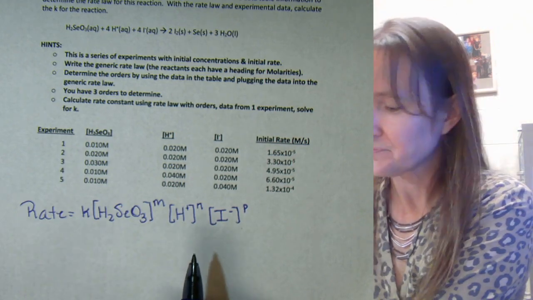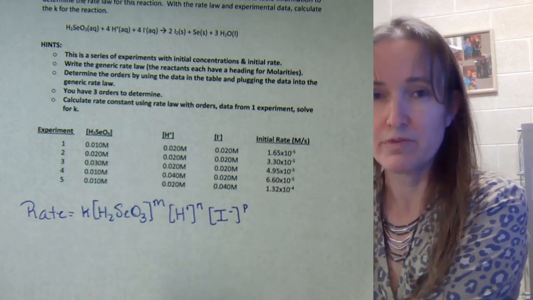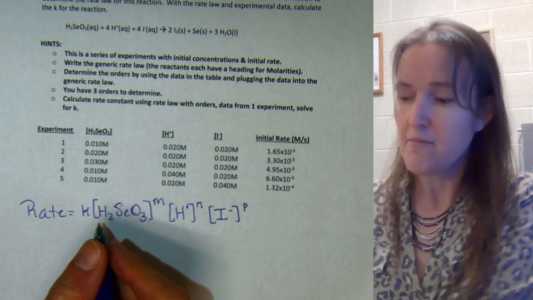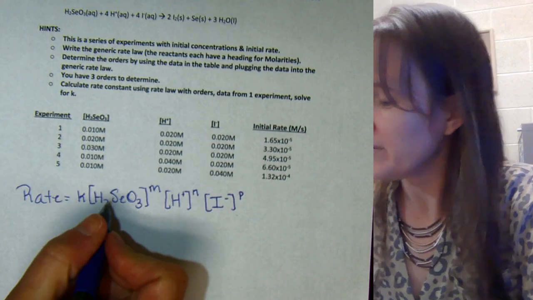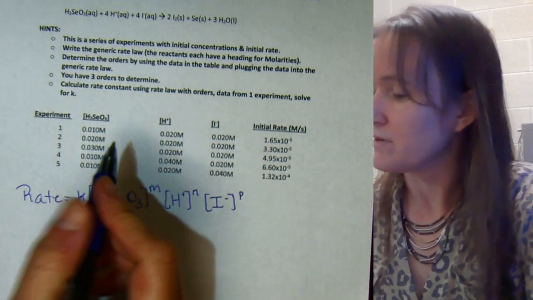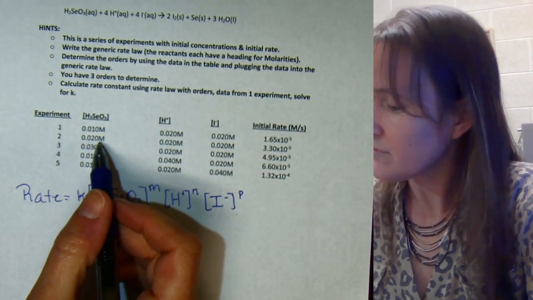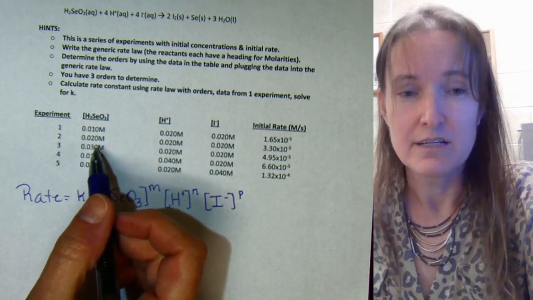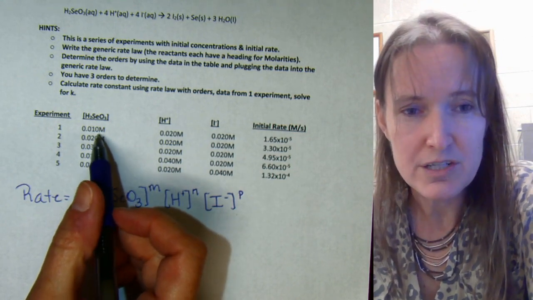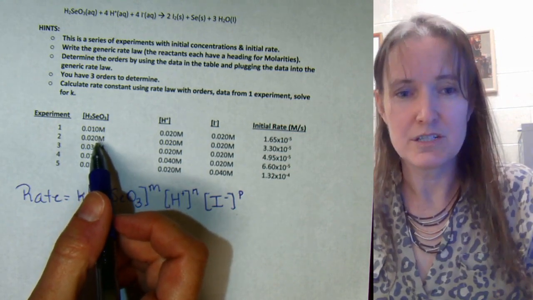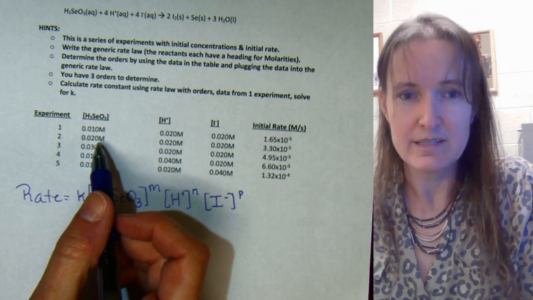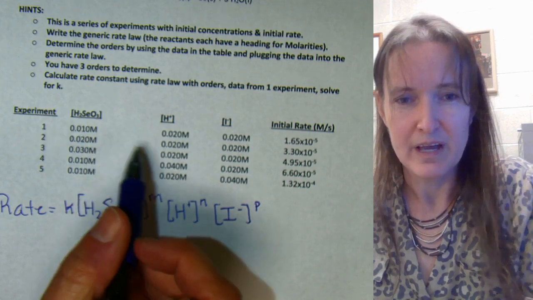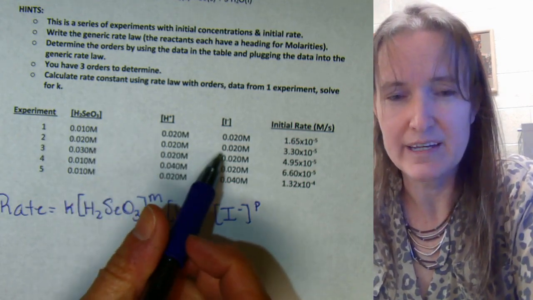To do this, you're going to choose one of the chemicals in the rate law. So I'm just going to start with the H2Se. With the H2Se, what you want to do is find 2 experiments where its concentration changes and the other chemicals do not. If you take a look, experiments 1 and 2, the H2SeO3 increases by a factor of 2, and the hydrogen ions don't change, and the iodide ions don't change.